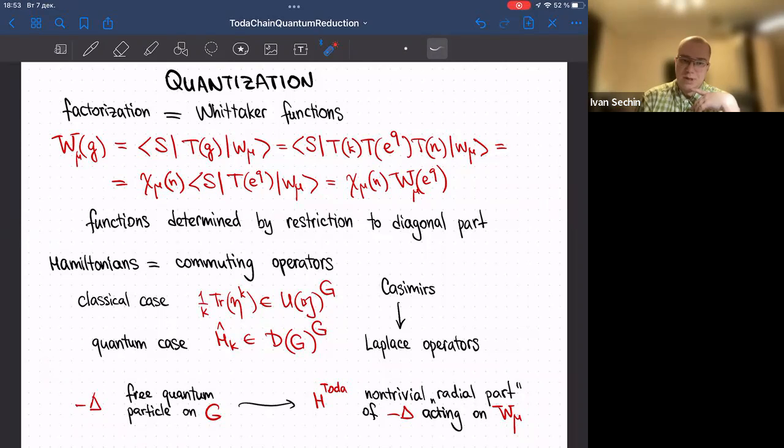Before, we had a free particle on a group, and now we have a free quantum particle on a group. But if we restrict our Laplace operator to Whittaker functions, we have seen that the result is the quantum Toda Hamiltonian, just because of our restriction.